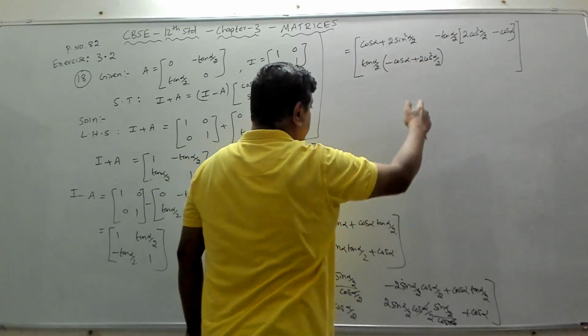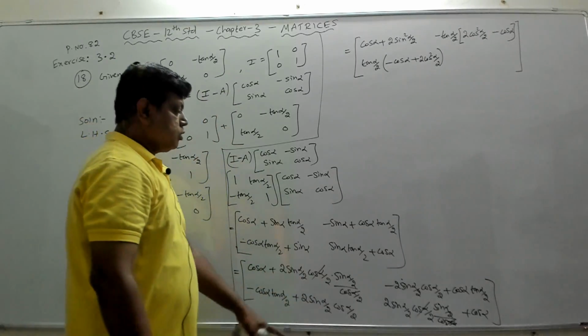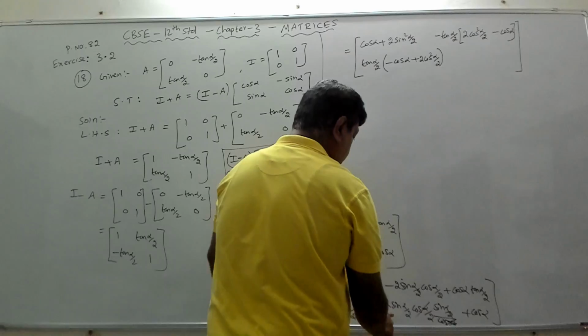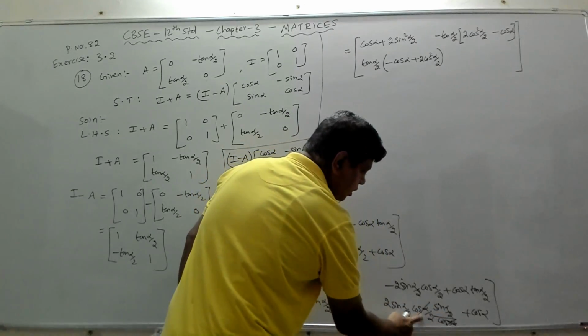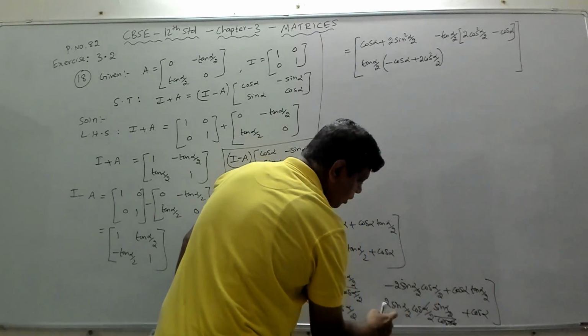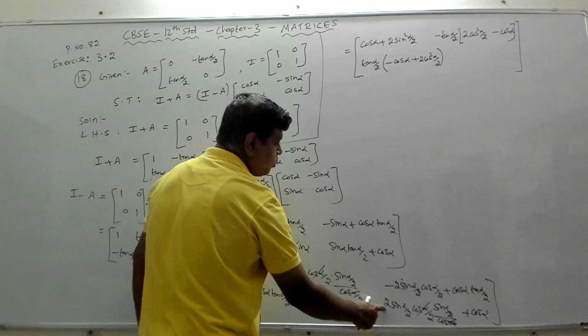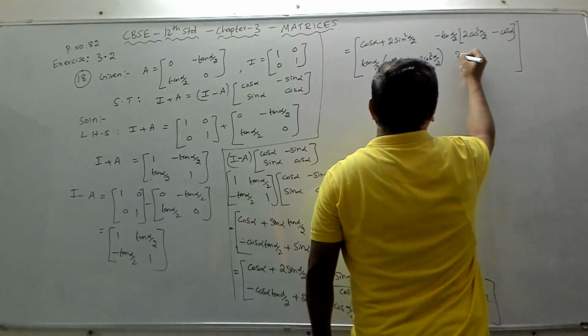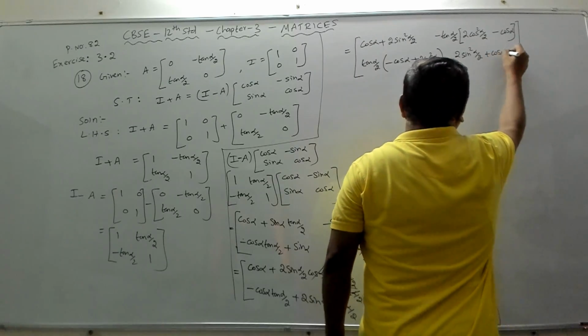You will get 2 sin alpha by 2 cos alpha by 2, this one. Similarly here, you will get 2 sin alpha by 2 into sin alpha by 2, because cos alpha by 2 got cancelled. You will have only this and this. So sin alpha into sin alpha is sin square alpha by 2, so 2 sin square alpha by 2 plus cos alpha, which is this.